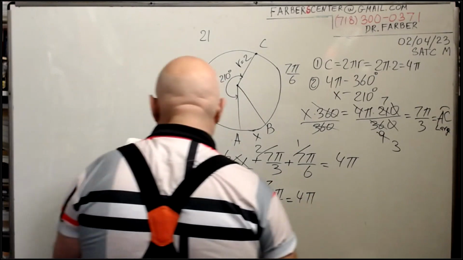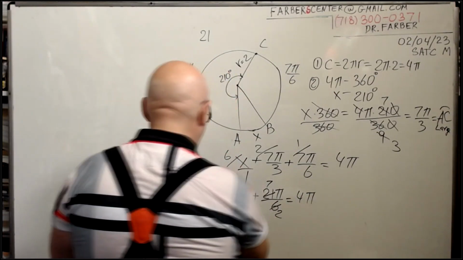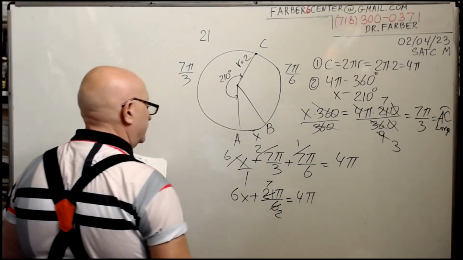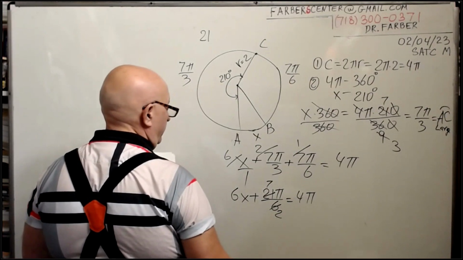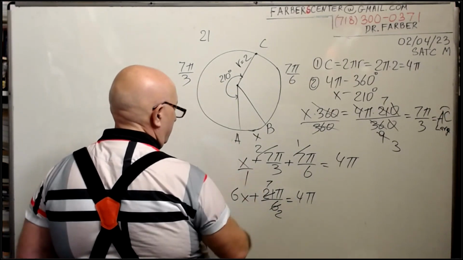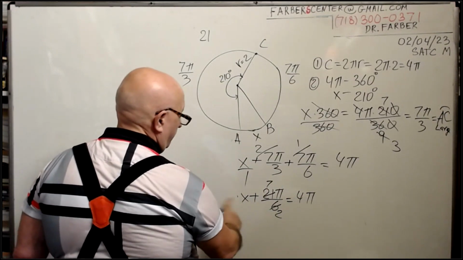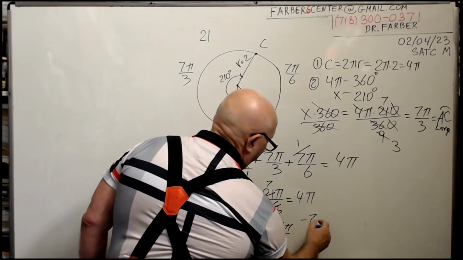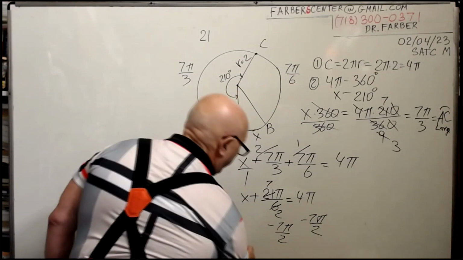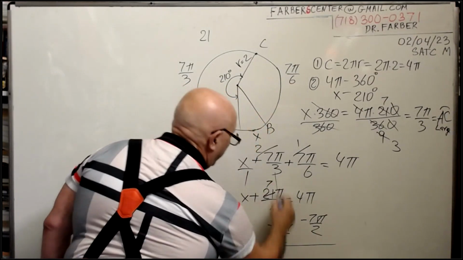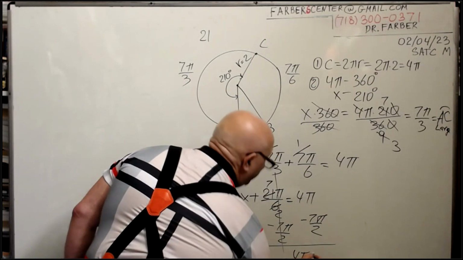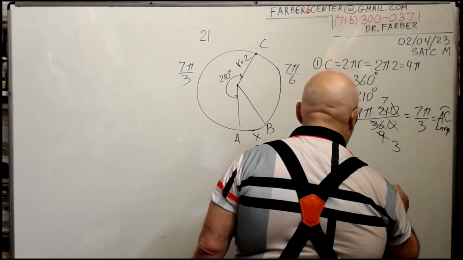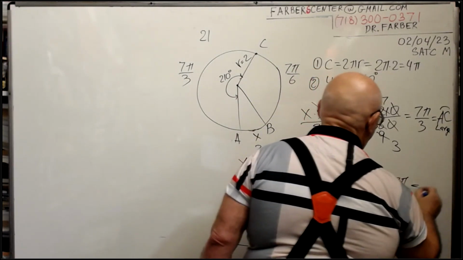After that, if you subtract from both parts, minus 7 pi over 2 and minus 7 pi over 2. You don't need this one. It will be faster. Bring down x, cancel out, equals 4 pi. X equals 4 pi minus 7 pi over 2.